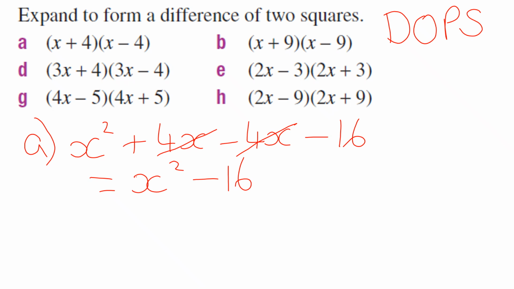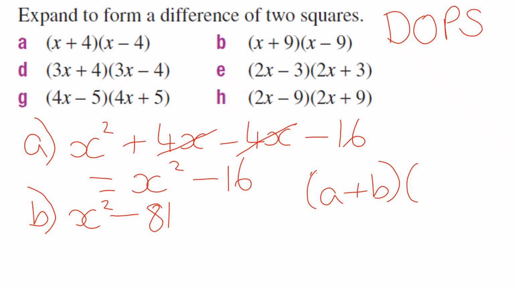And once we've done that, we should be able to look at all of these other questions and do them straight away. So B will just be x squared minus 81. So here, if we've got a plus b times a minus b, we go to a squared minus b squared.